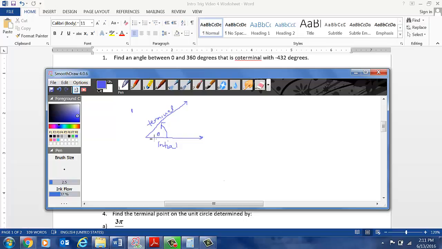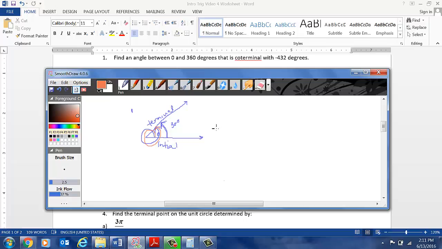So if you think about it, an equivalent measurement would be to go around once and then stop again. That would be considered a coterminal angle. So for example, if our first theta, this angle, was 30 degrees, an angle that would be coterminal would be if I went around once and then stopped at that same terminal side.